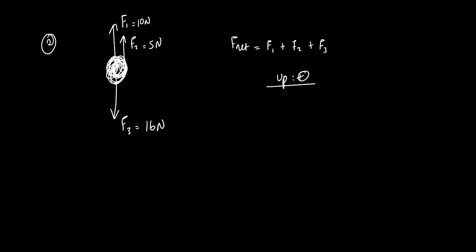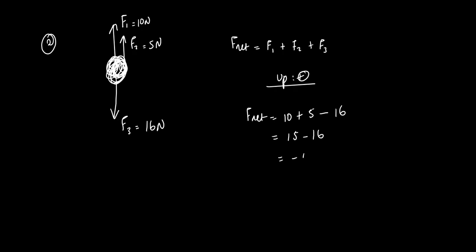So we shall say F net is equal to, remember F1 is going up, so it's going to be positive. F2 is going to be positive. And then F3 we have to put negative because it's actually acting down. So therefore we shall have 15 minus 16, and therefore that gives us minus 1 newton.